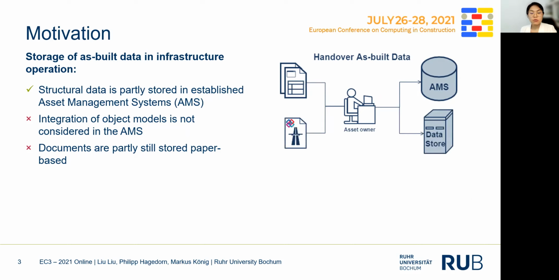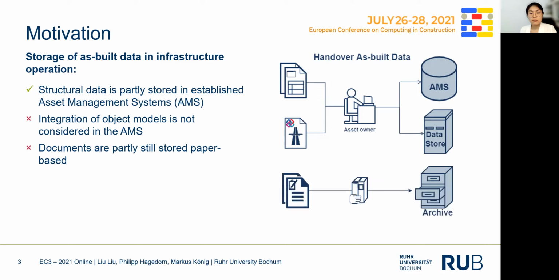The delivered model, for example, as IFC file, will be saved in a separate data store without relation to the data of the asset management system. And as mentioned for the construction stage, part of the non-machine readable data is only archived as paper-based documents.